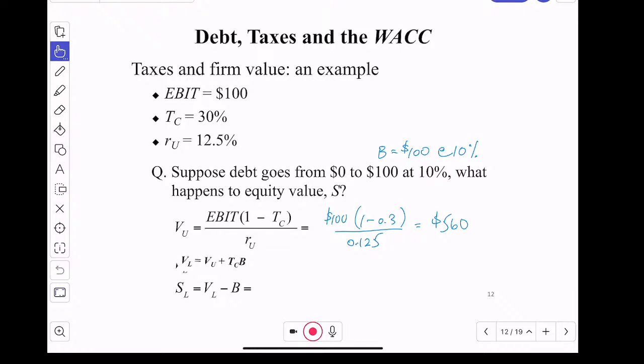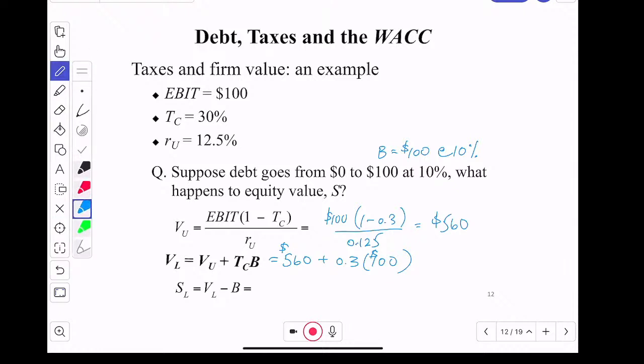This is what we just discussed. All right. So we're going to take the value of the unlevered firm, 560, and add TC, which is 0.3 times B, which was 100. In this formula, we sorted out already that this is the present value of future cash flows. So that's going to be $580. So there's your difference. The value of the firm with debt goes up over the value of the unlevered firm.